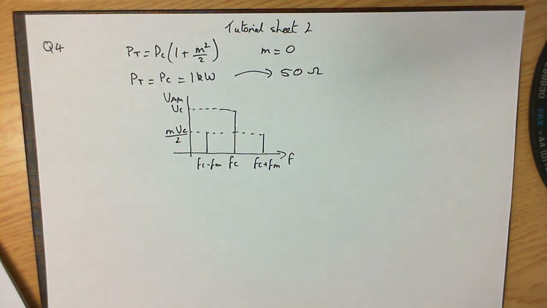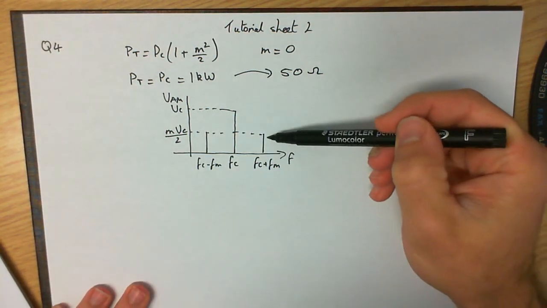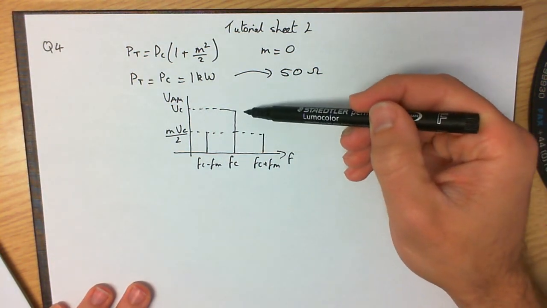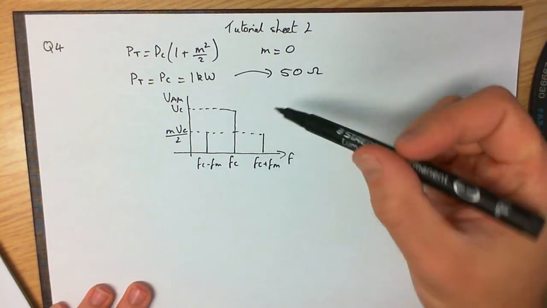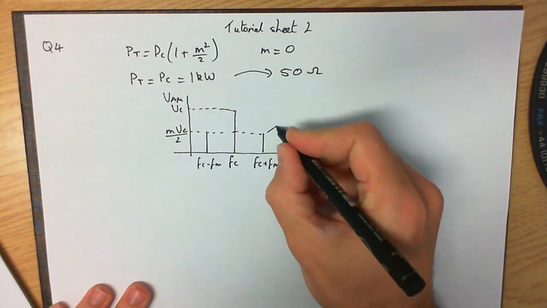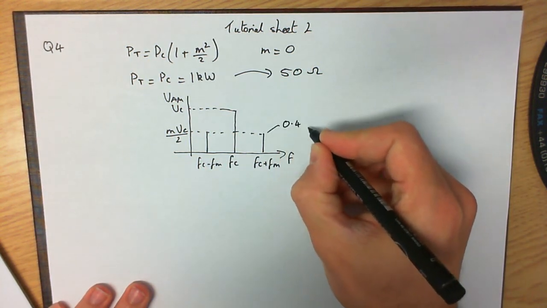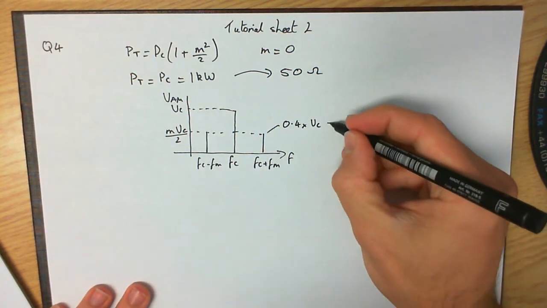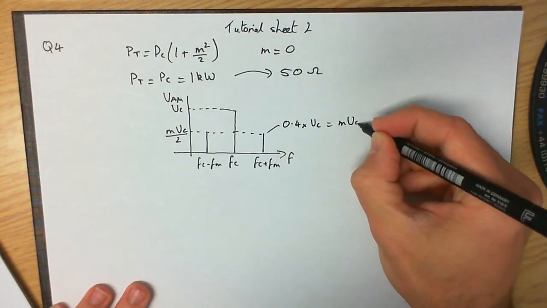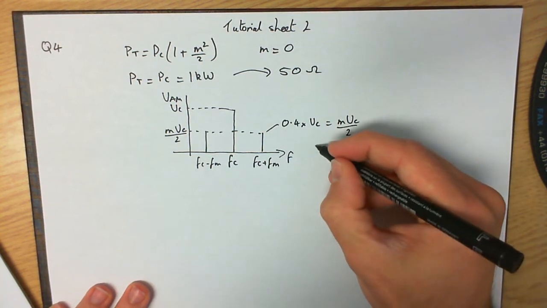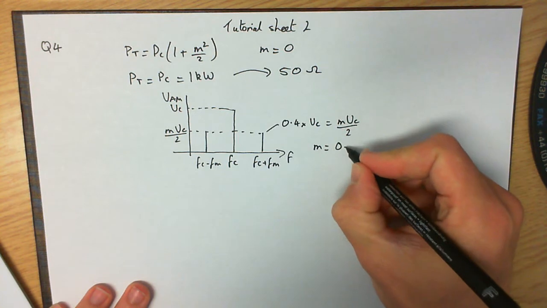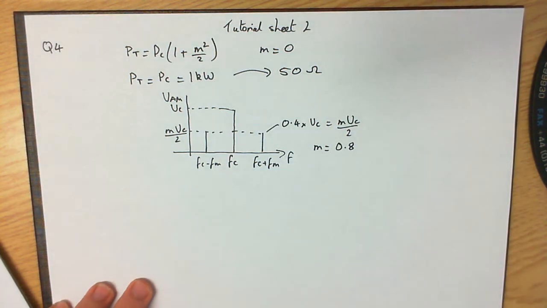What the question is telling us is that the amplitudes of these sidebands is 40% of the size of the main carrier component. So in other words, 0.4 times VC, which of course is equal to MVC over 2. And if we rearrange that, we get M is equal to 0.8.